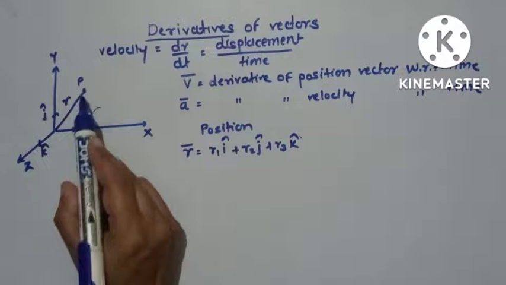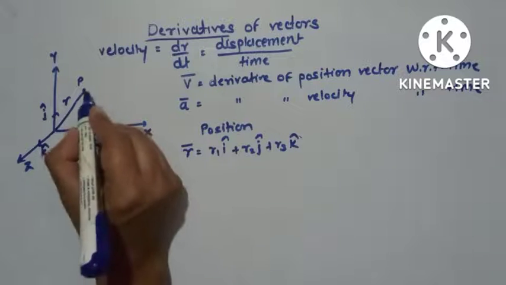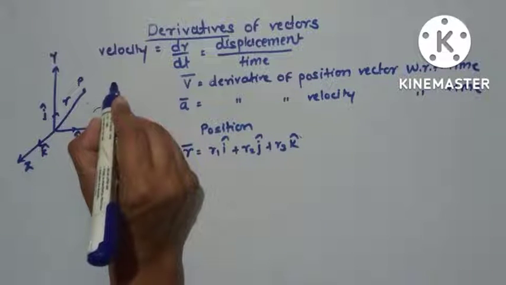Now suppose this point P is moving with some velocity v, and after time t it reaches some point P dash.